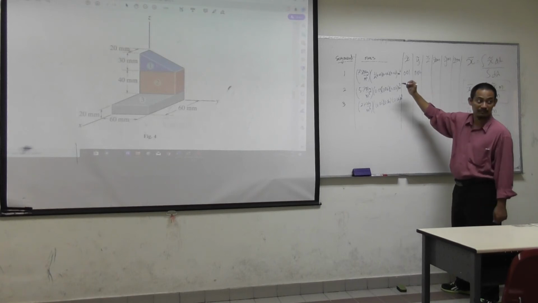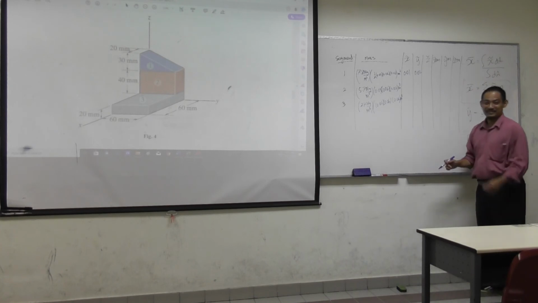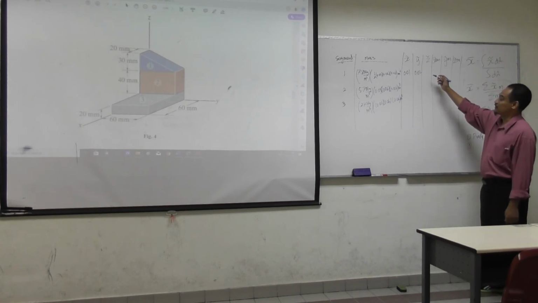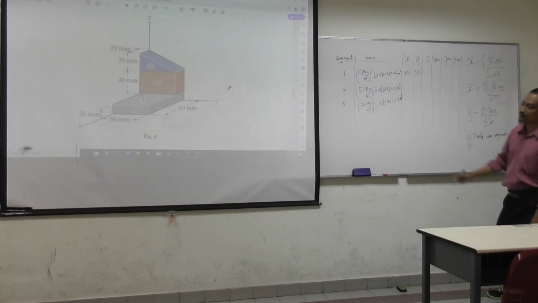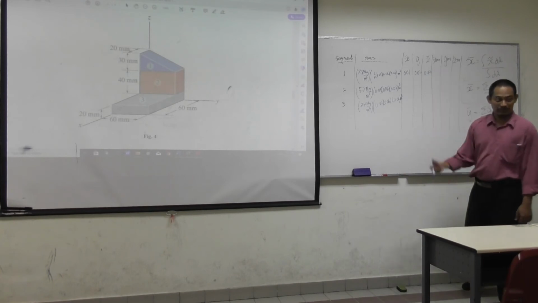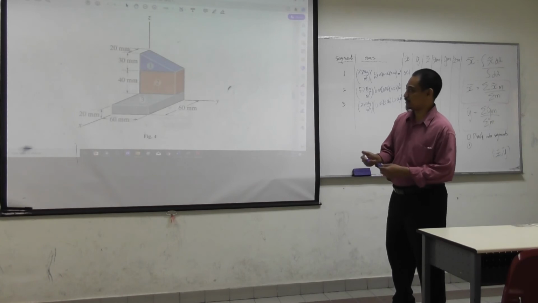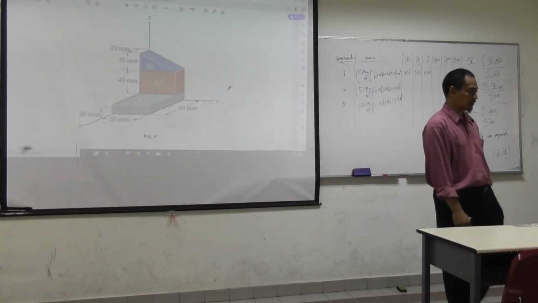Everyone understand? Z bar? 0.20. Verify. Is it correct? Why is it correct? Anyone who do not understand where any of the values come from?